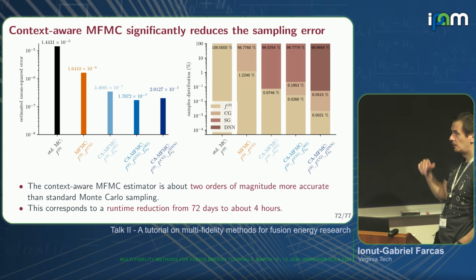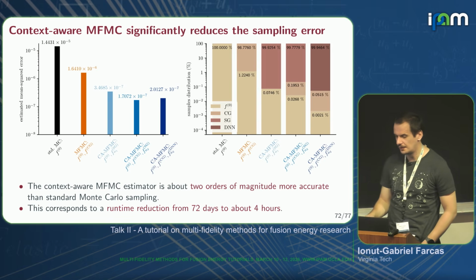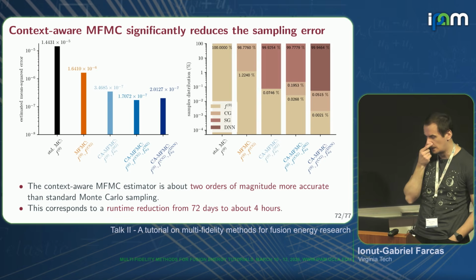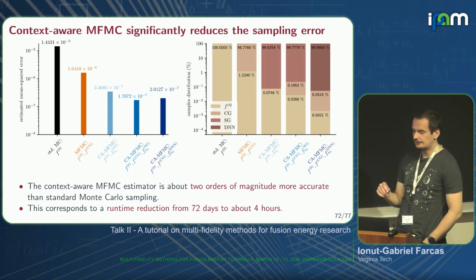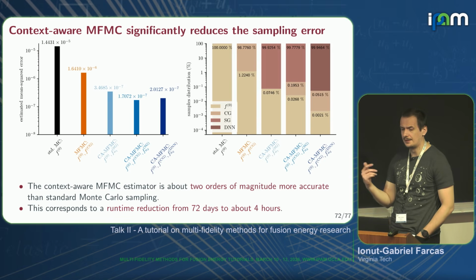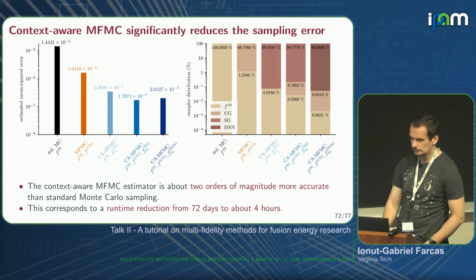So we have done these experiments only for one budget. So I don't have the plot that shows the decay of the mean squared error for increasing budgets. We have done just one. But what I'm showing you here is the estimated mean squared error from numerical experiments, comparing the estimators that I just mentioned.